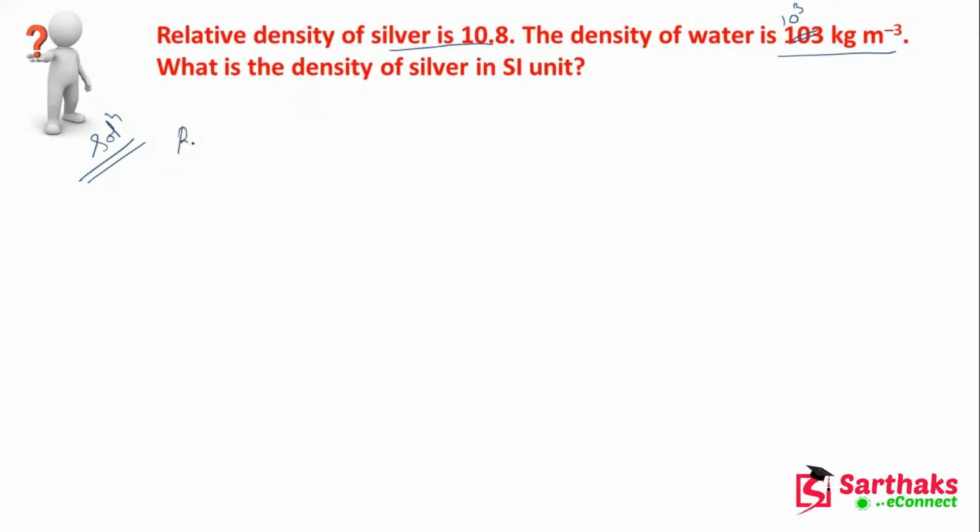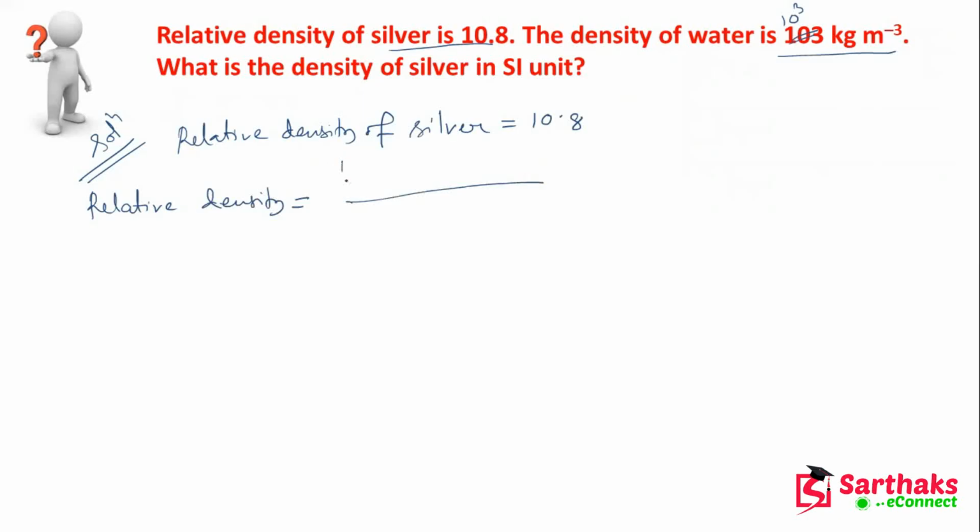The relative density of silver, 10.8, is the ratio of the density of silver and the density of water.